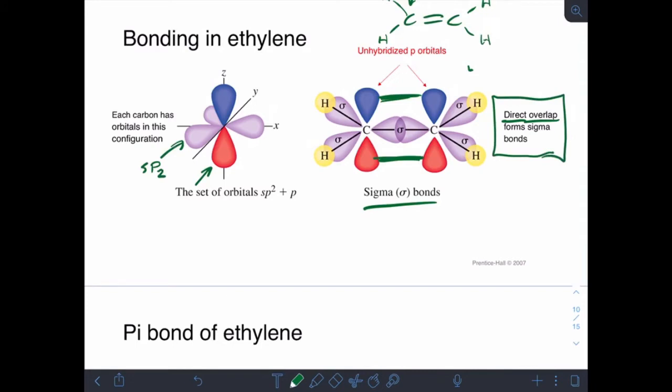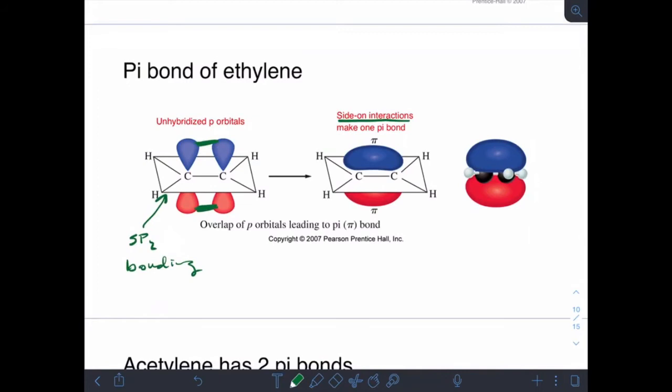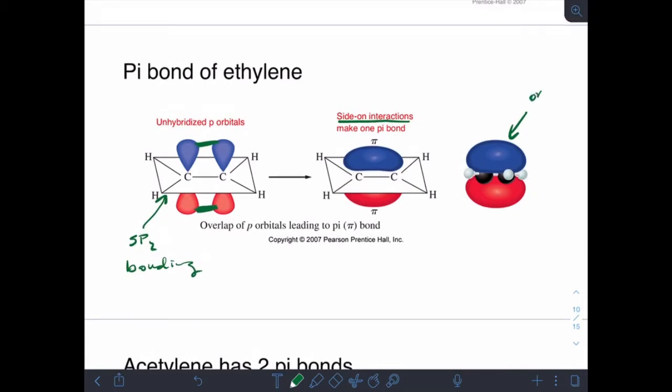In these sigma bonds, the orbitals are physically overlapping each other; there's actual crossing of orbitals. But my unhybridized p orbitals are not actually touching or overlapping, but they're aligned in such a way that they can share their electrons over a distance. So we get this above and below arrangement, which makes one extra bond.